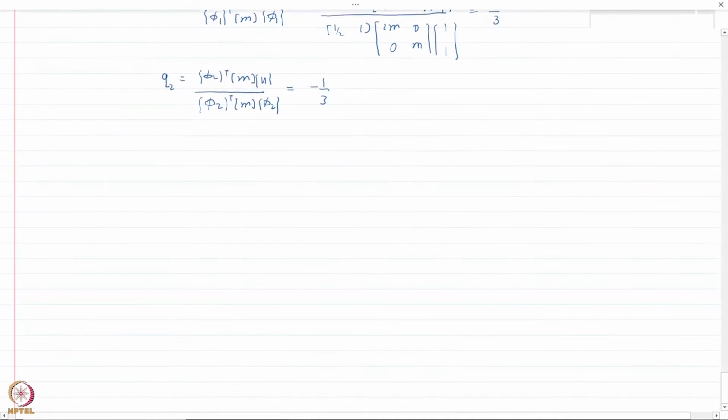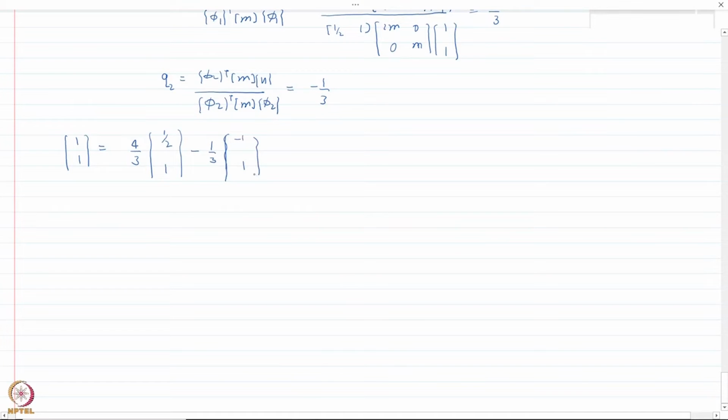Let us see whether we get the same expression or not. The displacement vector is 1 and 1. So let us use 4 by 3 times the first mode shape, which is 1 by 2 and 1, and then minus 1 by 3 for q2 times minus 1 and 1.